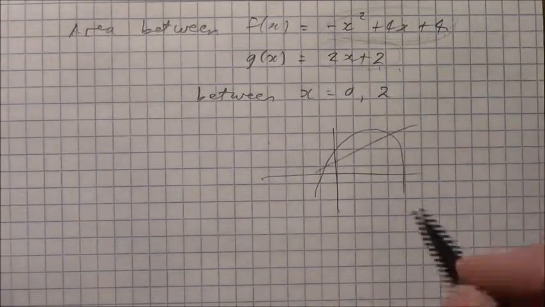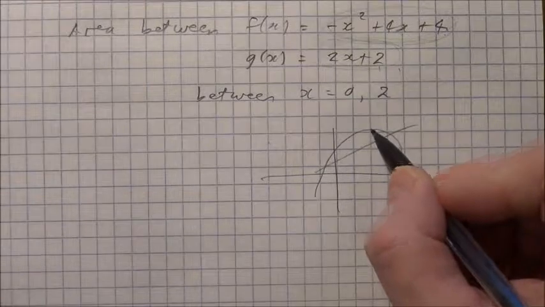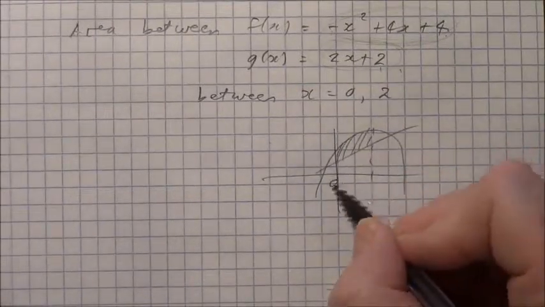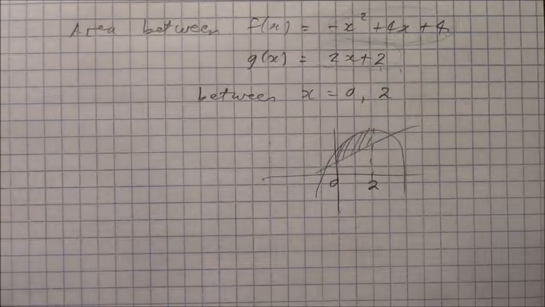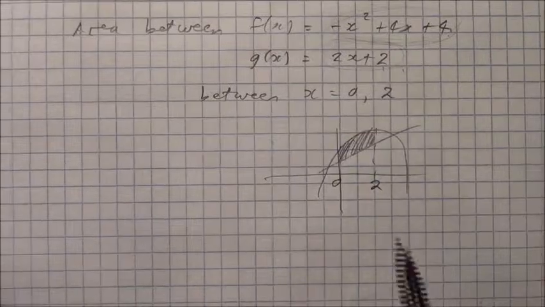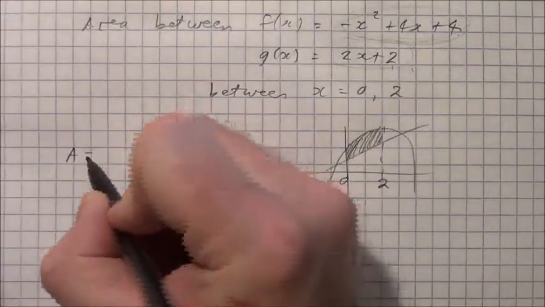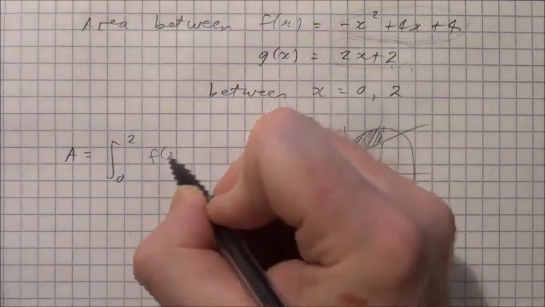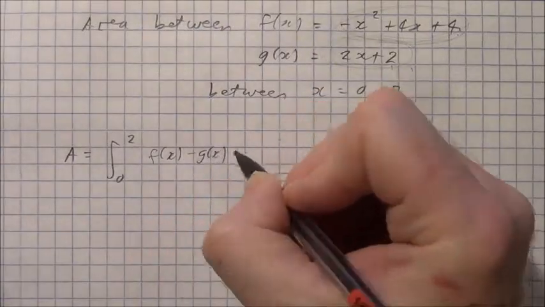And so we're going to find the area here between x equals 0 and x equals 2. So we want the area between the two curves, between 0 and 2, and so it's going to be the integral of f of x minus g of x with respect to x.